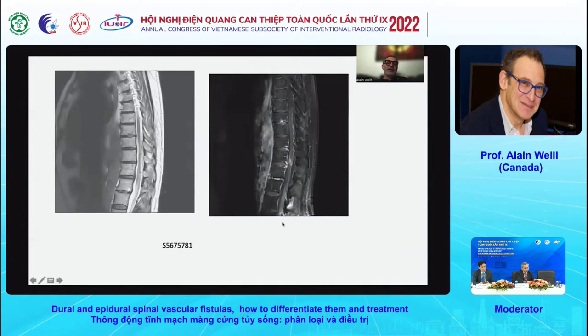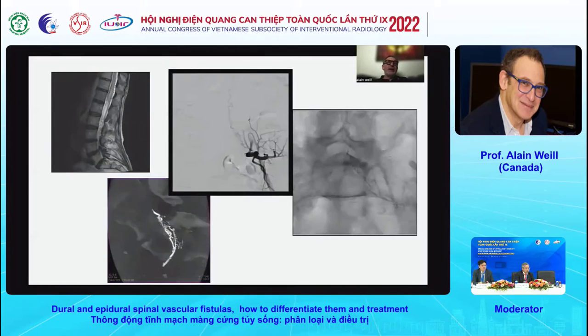So here is another case where we can see again the typical aspect of dural fistula, where you see again the edema of the cord and of the conus with large vessels, and also those patchy gadolinium enhancements of the cord. And here it is a dural fistula, no doubt, and it could be at the sacral level.